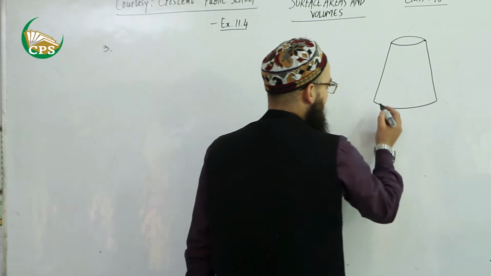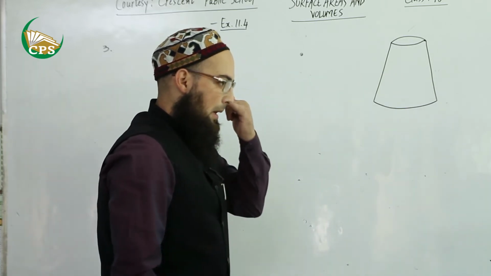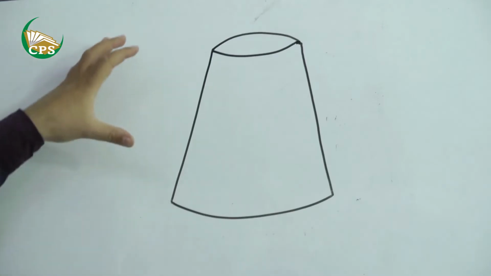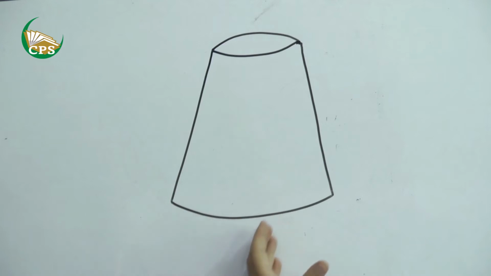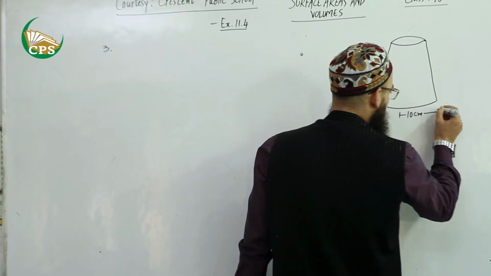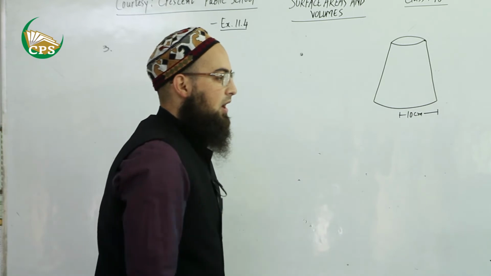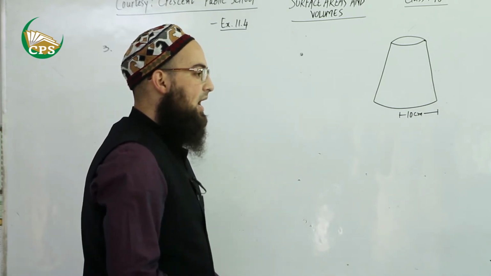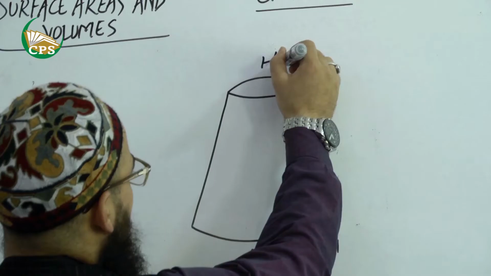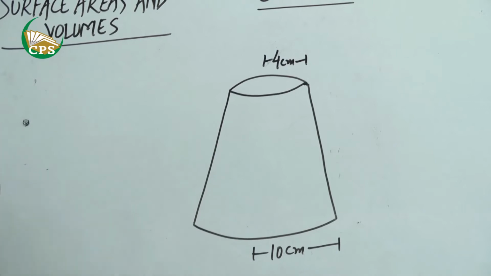This is a fez, like a frustum of a cone, if its radius on the open side, now if this is a cap, the open side is obviously the bottom one, is 10 centimeter, and the radius at the upper base is 4 centimeter.